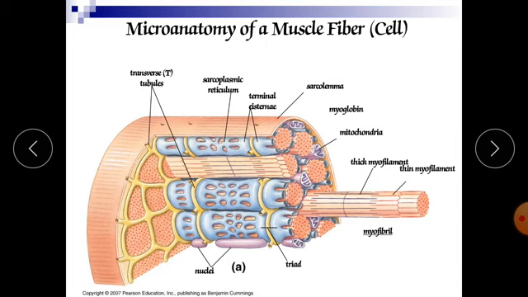The cytoplasm appears stuffed with little threads, so they are thread-like structures. That's why they are called myofibrils. Fibril means fiber, means thread. These myofibrils are about 2 micrometers in diameter and extend the entire length of the muscle fibers.